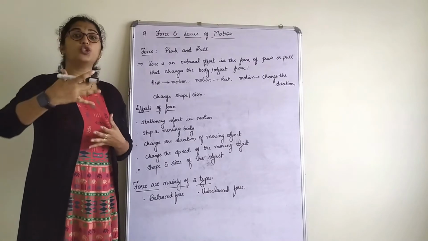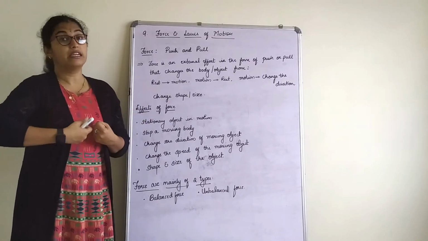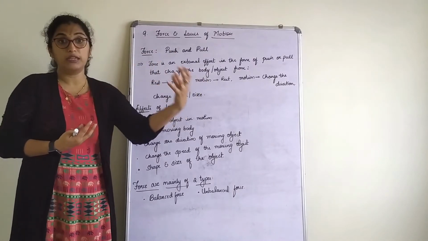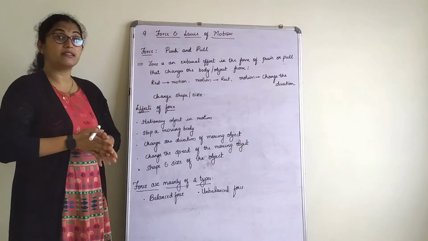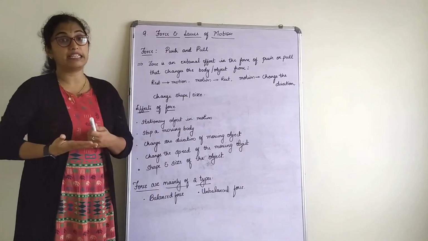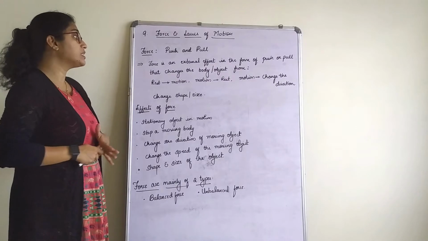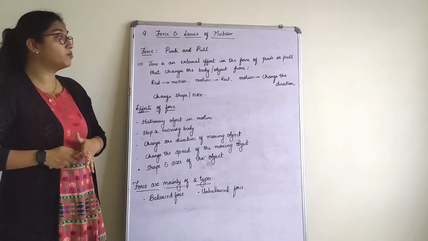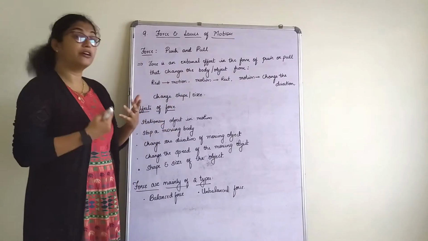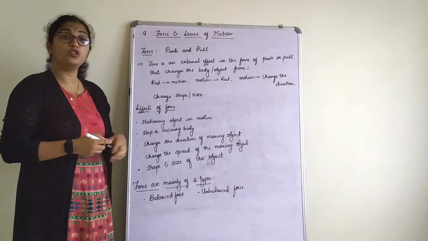Now, anything we push or anything we pull, we call it a force, but what that push is, how is that pull? That defines it as an external effort. What is external effort? Some external thing acting on the object. So, force is an external effort in the form of push or pull that changes the body or object from rest to motion.